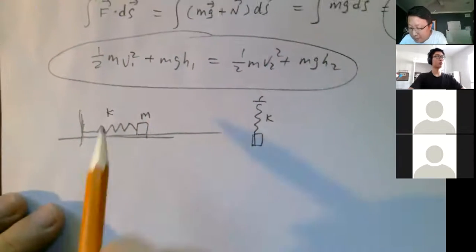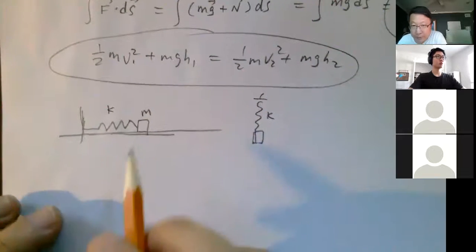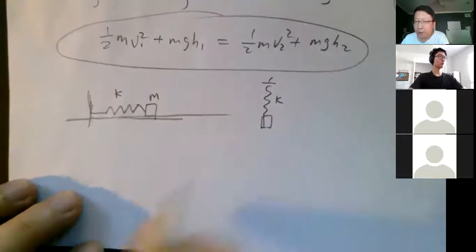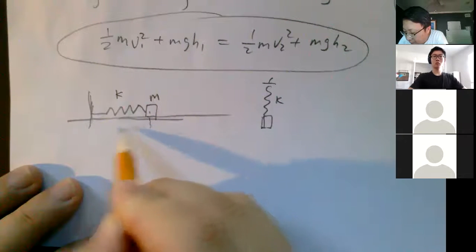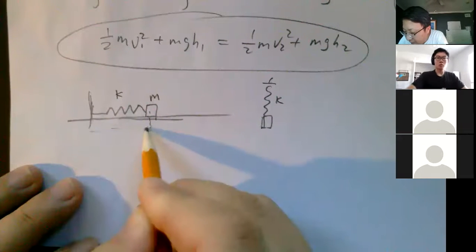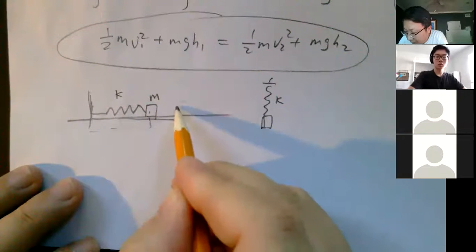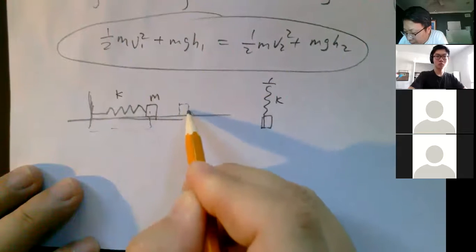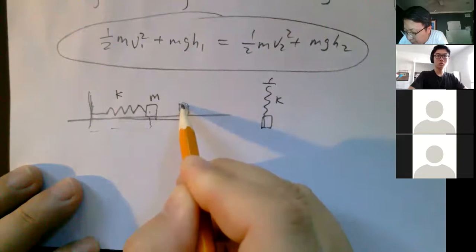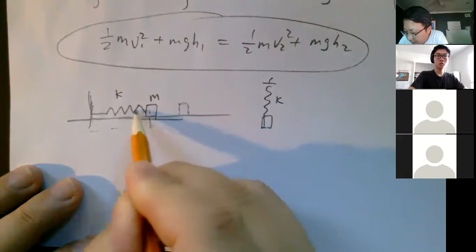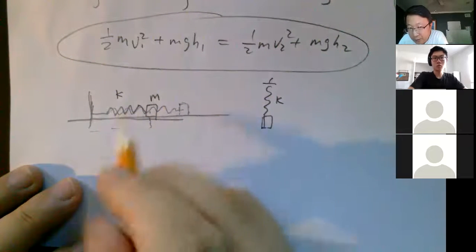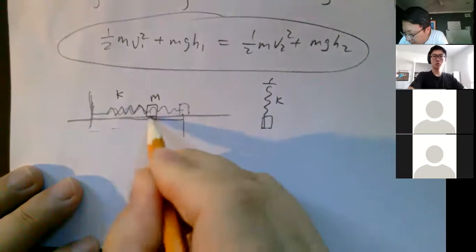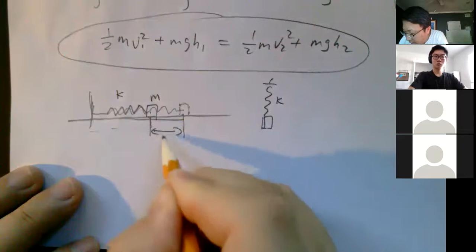So that is spring. Let's say this is the spring at its length at rest. Now if I pull this block to here, the spring starts to elongate, and the distance change here is x.